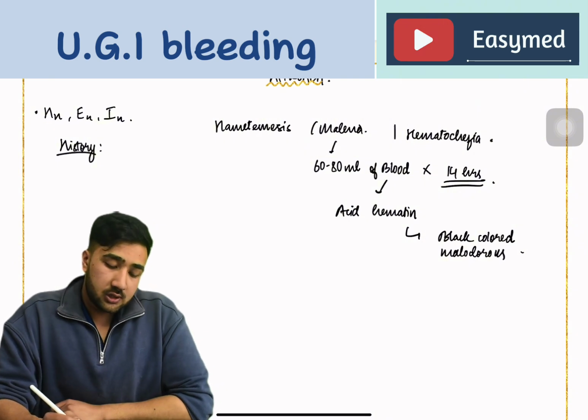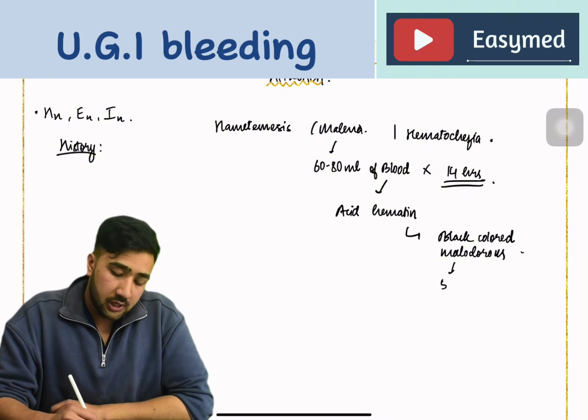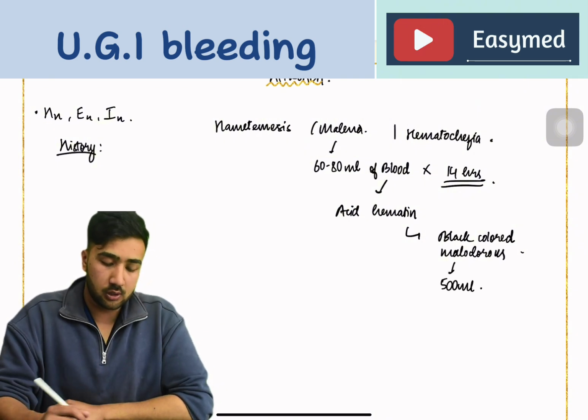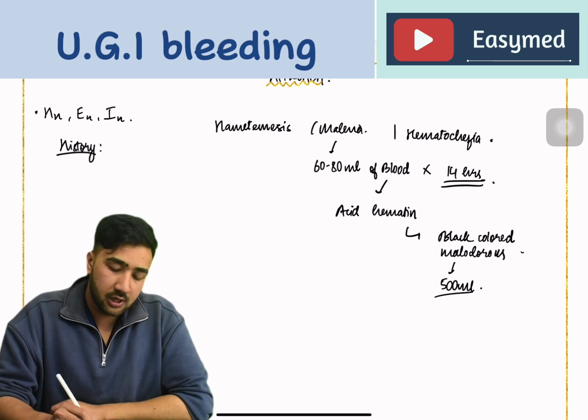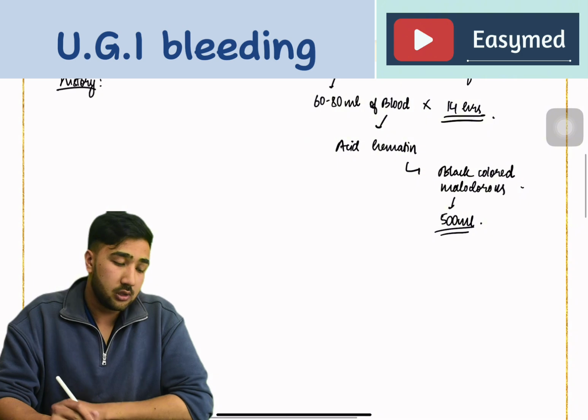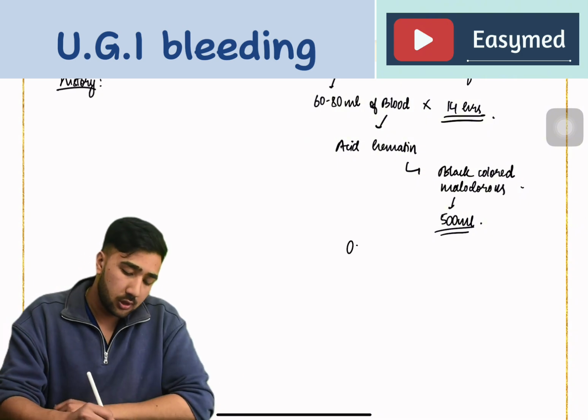Clinical features only become evident when there is at least 500 ml of blood loss. So if there is less than 500 ml of blood loss, there is a thing known as occult blood in the stool.